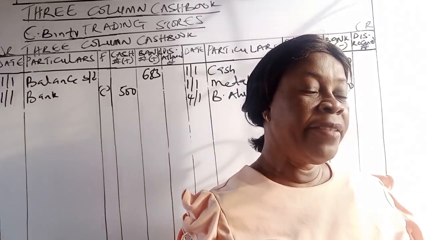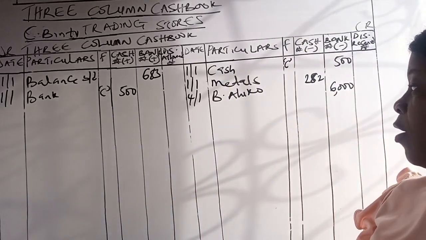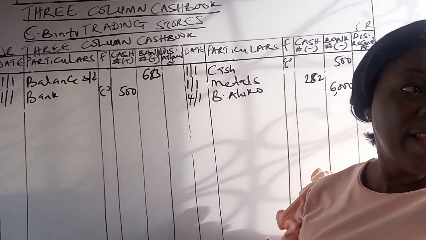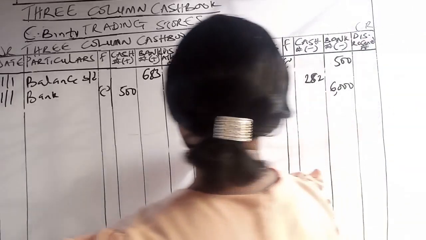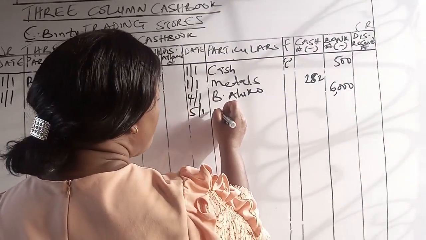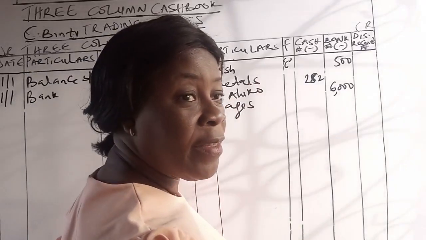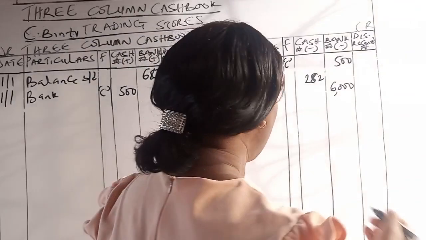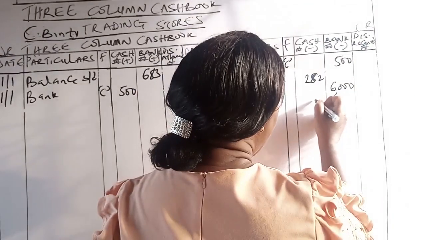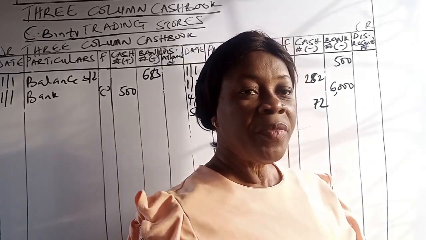January 5, paid in cash, wages of 72 naira. There is a decrease in the cash balance, so it will be recorded on the credit side of the cash column. So money was paid for wages, so we are writing wages in the particulars column, then the 72 naira in the column for cash.